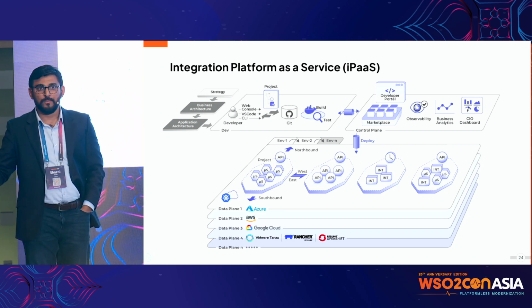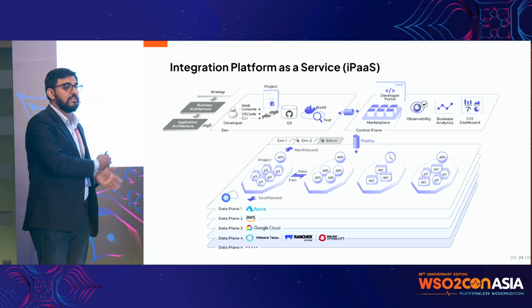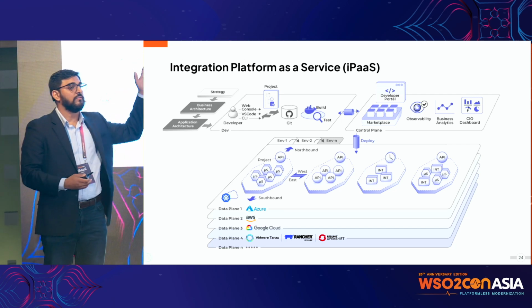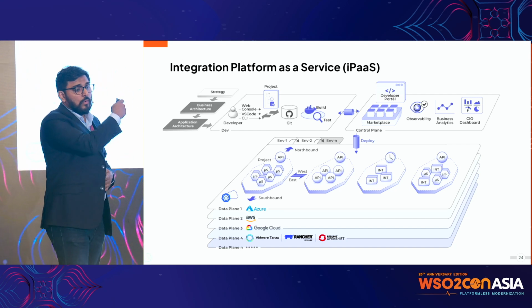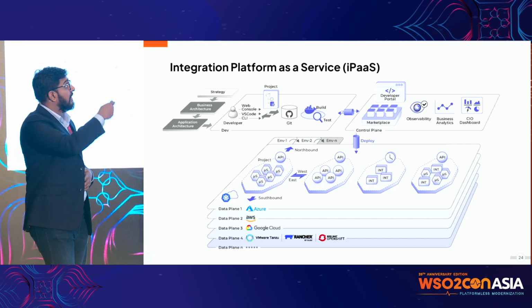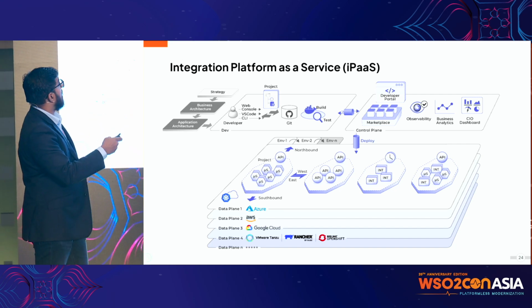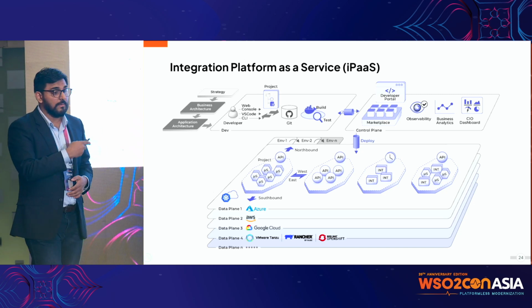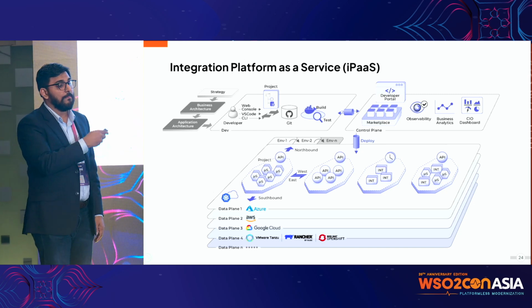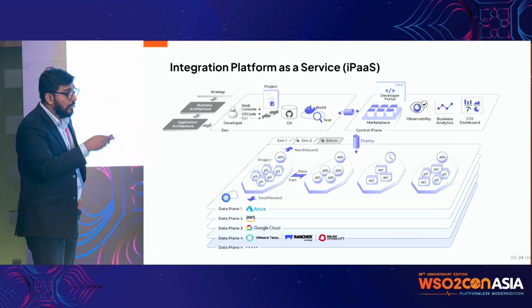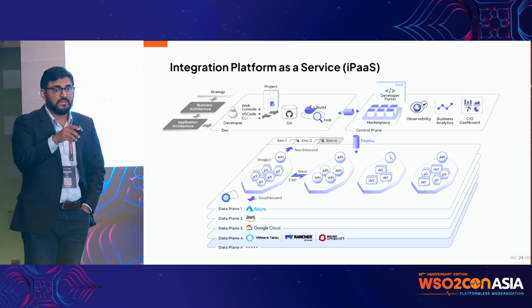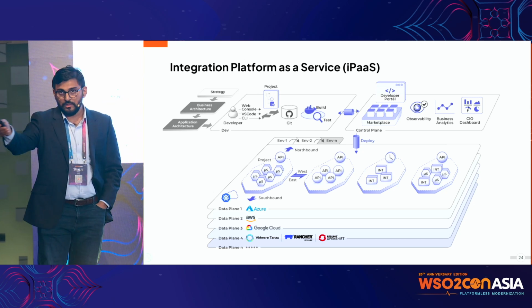If you subscribe to Devant, for example, all of this will be managed by WSO2. And for your code, you just need to point to it. That code means either your WSO2 integrator BI code or MI code. You will host that in a GitHub repository, or you can develop that in the web editor also, like Manu showed.